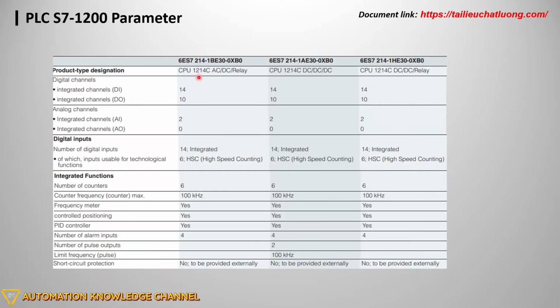The PLC 1214C has 14 input signals and 10 output signals, and the three types of PLC also have two analog channels integrated, AI, for analog input. The three types of PLC also have six high-speed counters, used for counters and encoders.